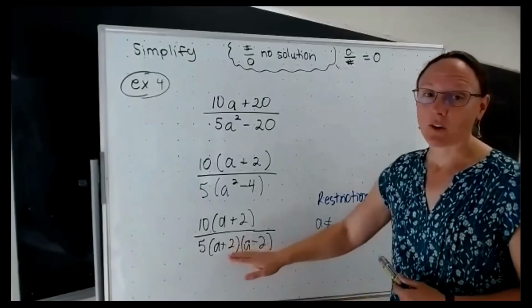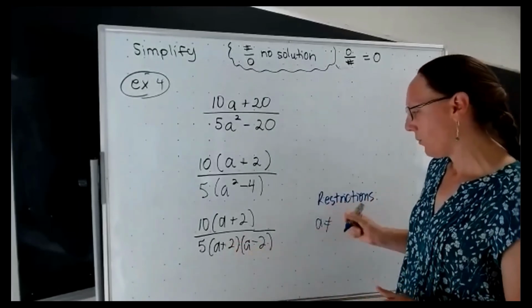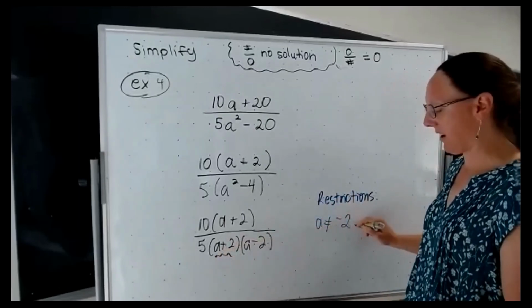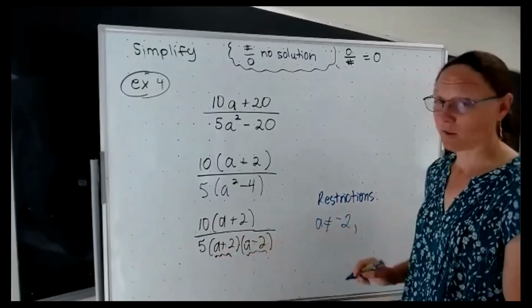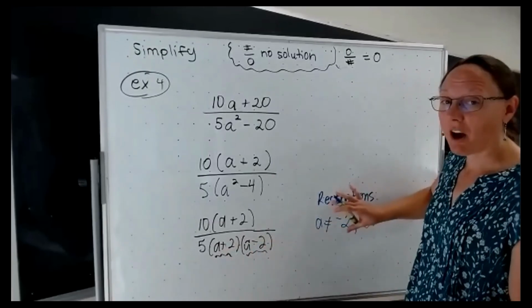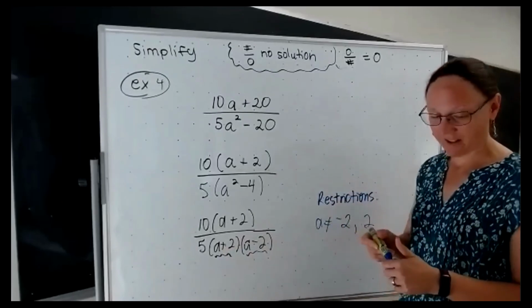I just have to worry about these next two terms, where this would lead me to say that a cannot be -2, and this would lead me to say that a cannot be +2. Now that I've got my restrictions, we can go ahead and simplify this.